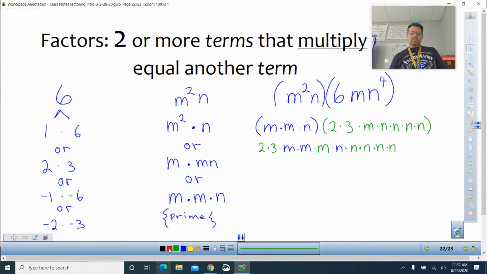And so what's this simplify down to? This is going to be a 6 m to the 3rd, n to the 5th. Okay? So just reviewing some of those things. But what if, okay, what about something like this?